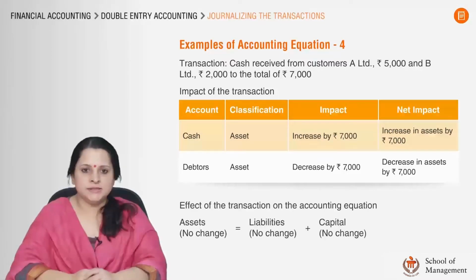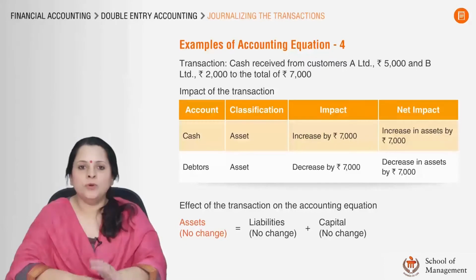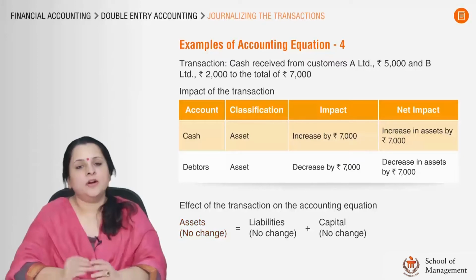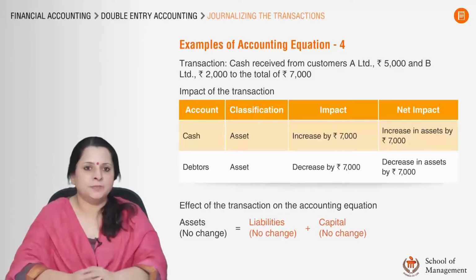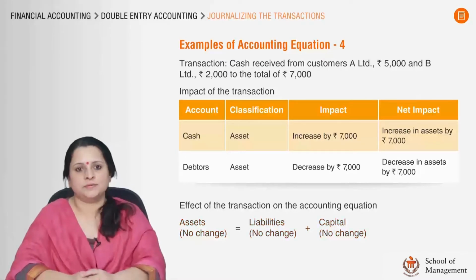On the left hand side of the accounting equation, there will be no impact on total assets as increase in one asset, that is cash, is offset by decrease in another asset, that is debtors. On the right hand side, there is no impact as none of the liabilities or capital account would be affected by this transaction. So in conclusion, the left and the right side of the accounting equation will balance for this transaction.